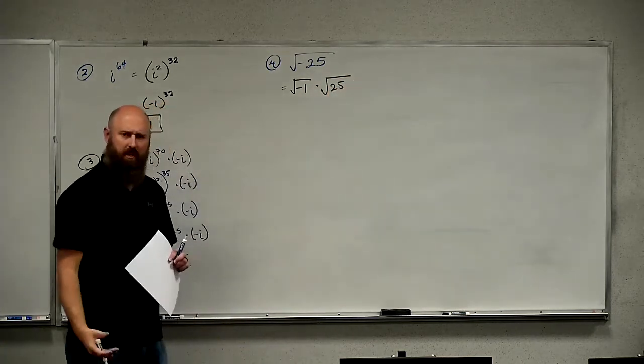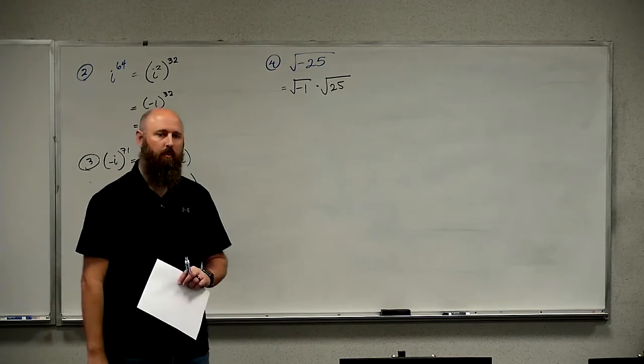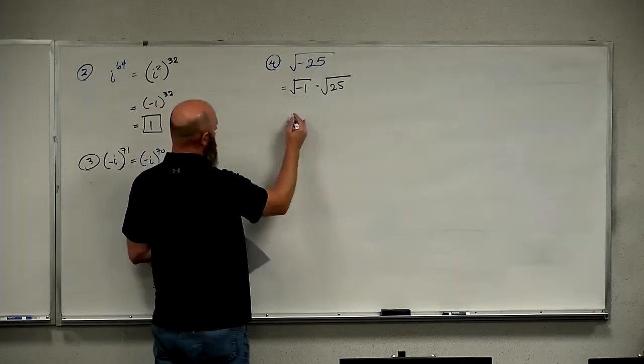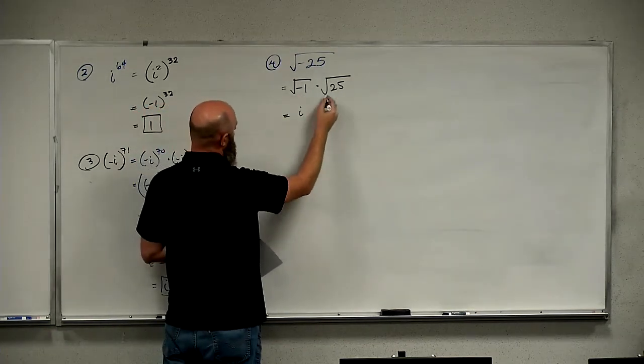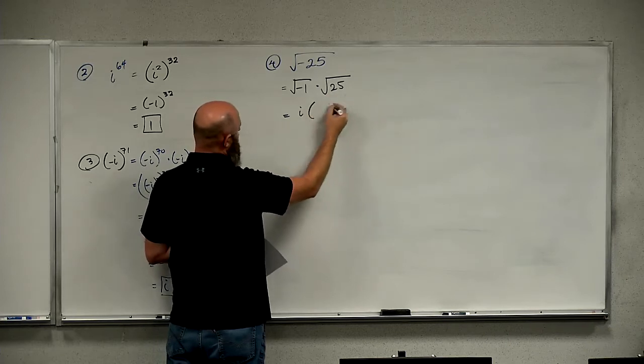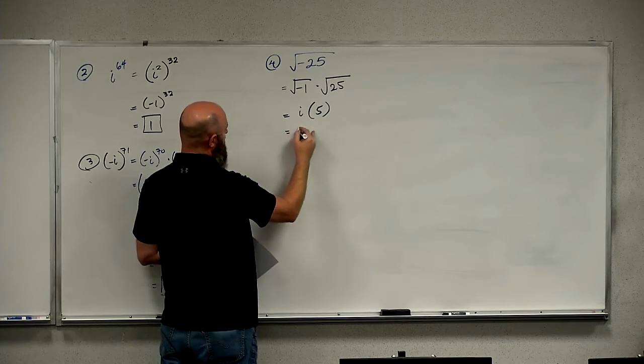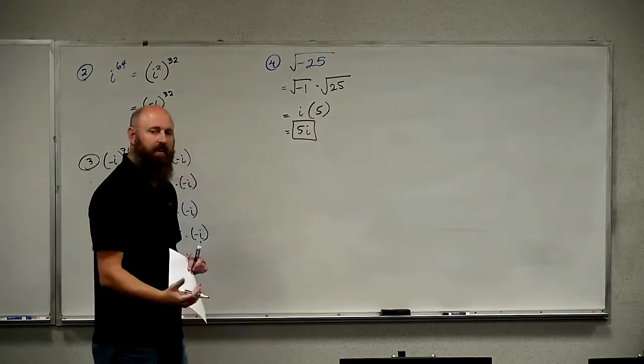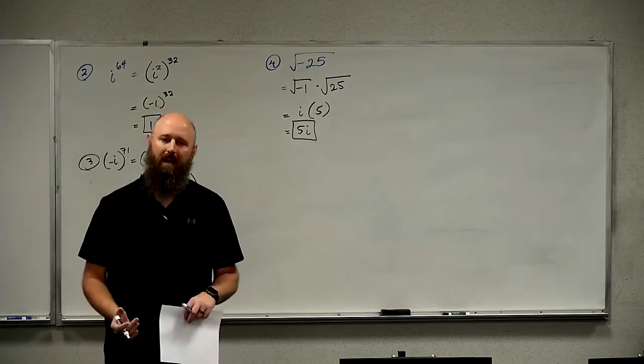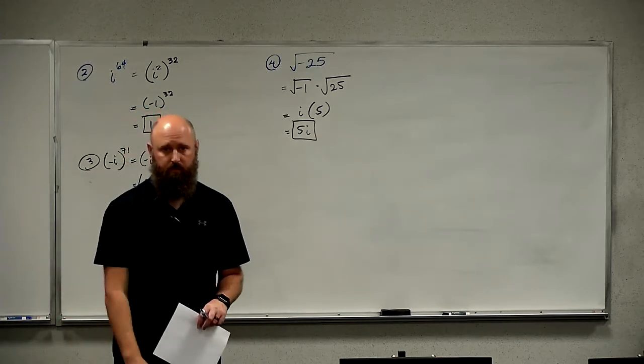Because we know those things, right? We've just learned today that the square root of negative 1 is i times the square root of 25, which is 5. Now, we don't write it this way. We like to think of that as kind of like a variable. So we don't put x5, we put 5x. Same thing with the i, we put 5i on those.